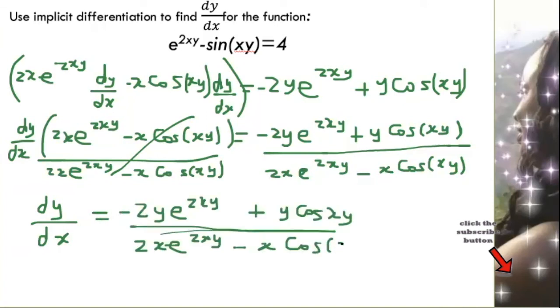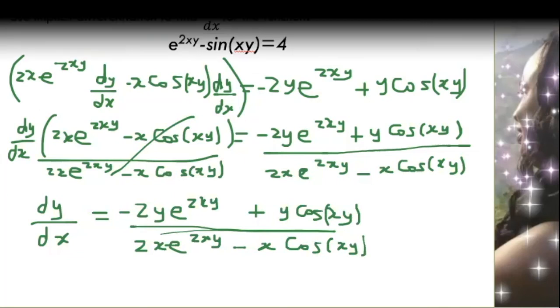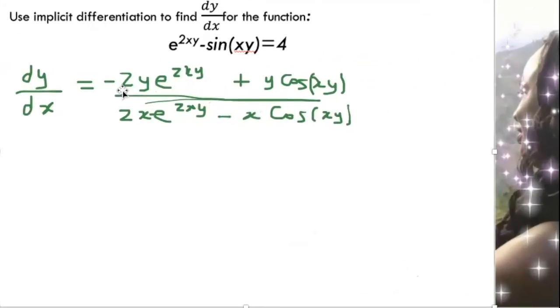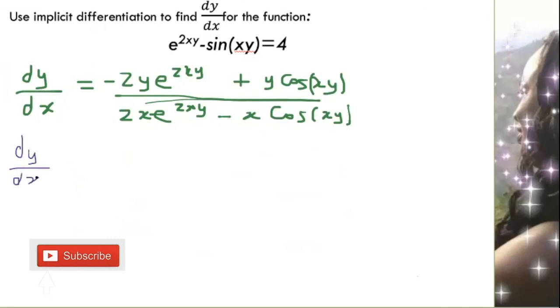Now, this is a derivative, dy over dx, but we can go further. The next activity that I'm going to do is simplifying this. Let's get started. Here we can factor out in the numerator minus y. So I'm going to factor out the negative sign along with the y in the numerator.